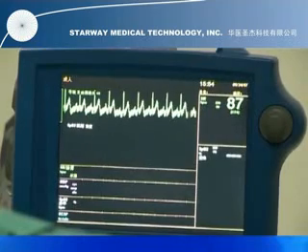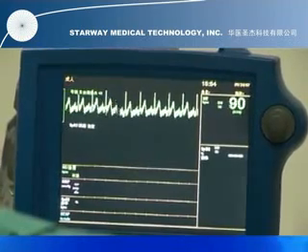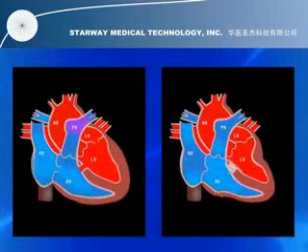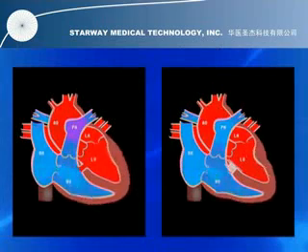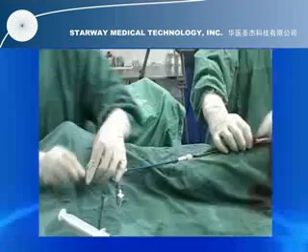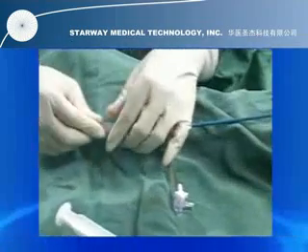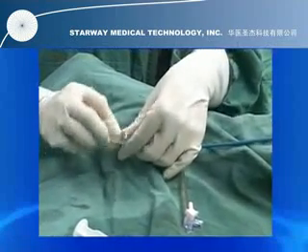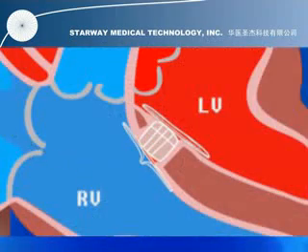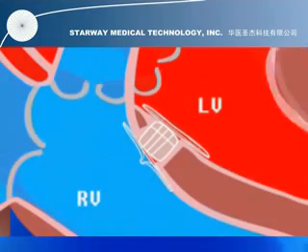When it is misplaced, the device should be retrieved, redeployed, or replaced. The device is released by unscrewing the delivery cable counterclockwise using the plastic vise as indicated by the arrow on the delivery cable.